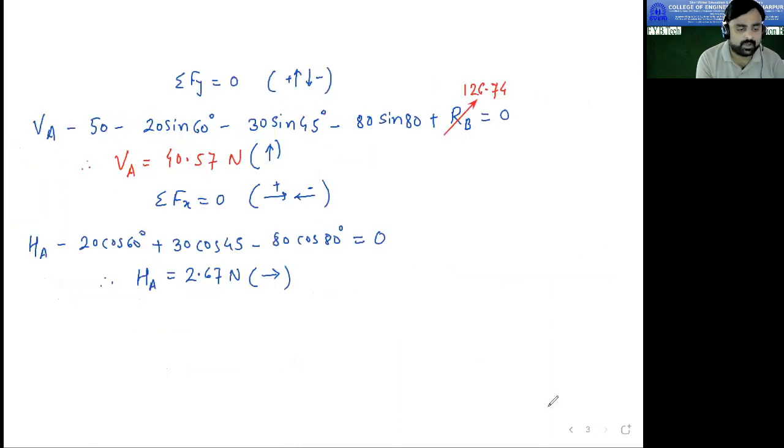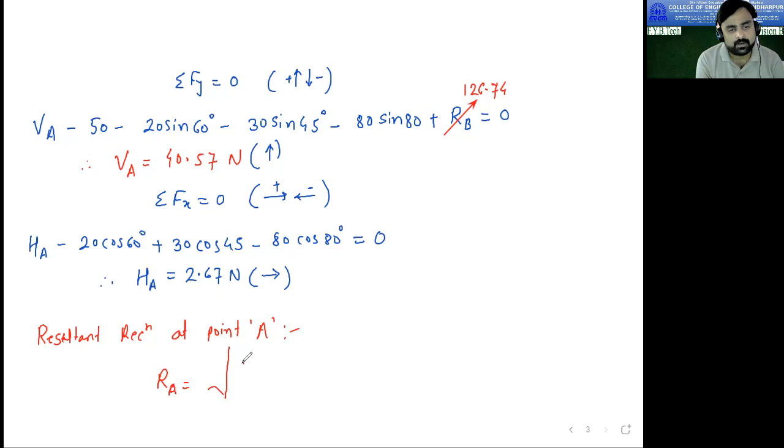So we will calculate RA now. The resultant reaction at point A, RA, is equal to, how do we calculate? By using the same formula, under root HA square plus VA square.